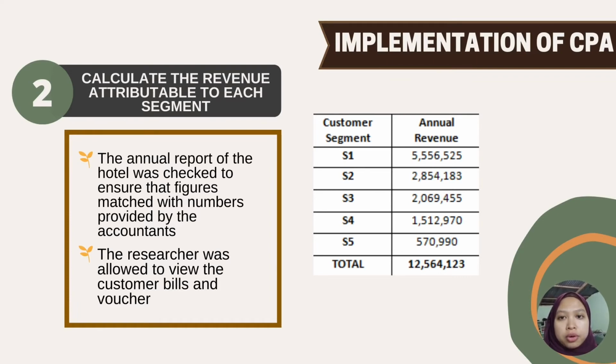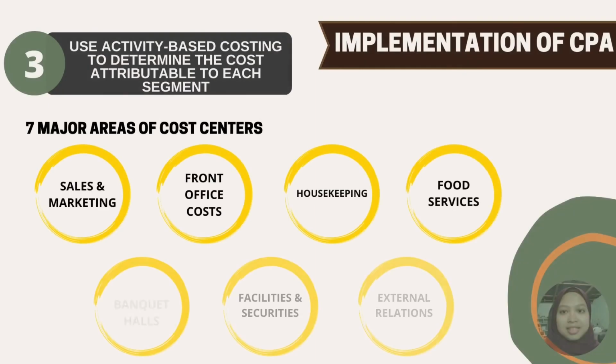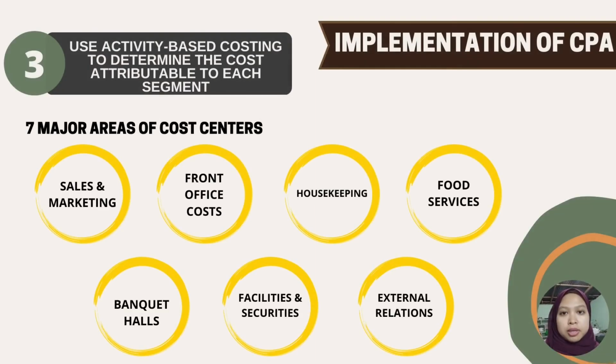The second step of implementation of CPA is to calculate the revenue attributable to each segment. This table shows the annual revenue of each segment. The annual report of the hotel was checked to ensure that figures match with numbers provided by the accountants. The researcher was allowed to view the customer bills and vouchers. The third step is using activity-based costing to determine the cost attributable to each segment.